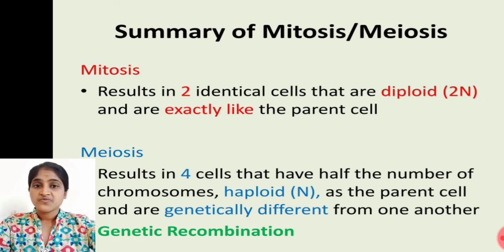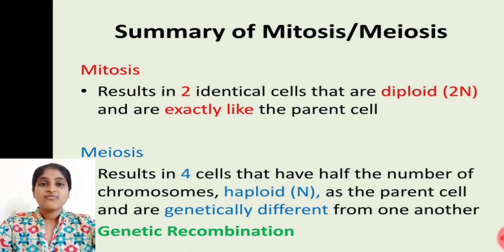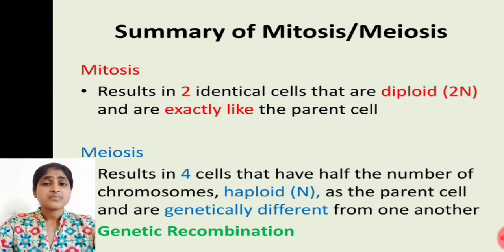In meiosis, we see four daughter cells with the haploid number. When division takes place, it forms four daughter cells. These have the haploid number of chromosomes, like 23 chromosomes. Next, they are different from one another.